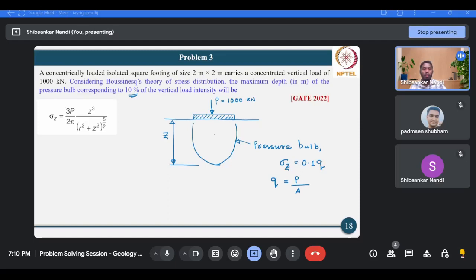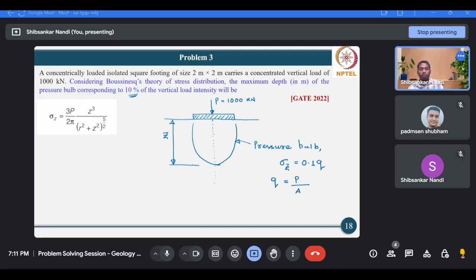For this case it's 2 by 2, that means 4 square meters. We are considering a point which lies along the line of action of this load.